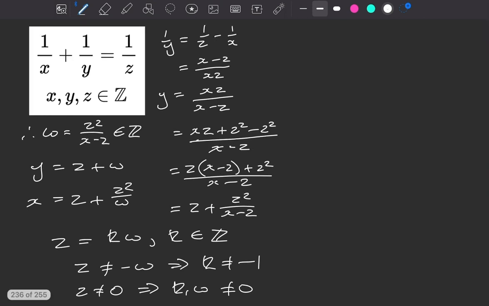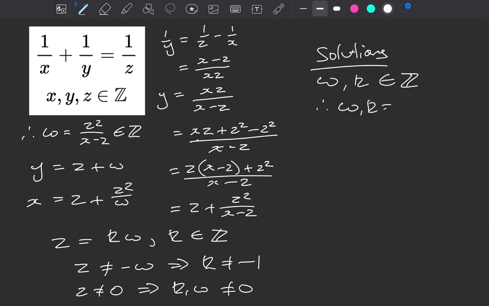We could inspect x as well, but what we end up with is the same conditions, that basically k and w can't be 0 and k can't be -1. So there are infinite solutions, as long as w and k are whole numbers, such that w and k are not equal to 0 and k is not equal to -1.